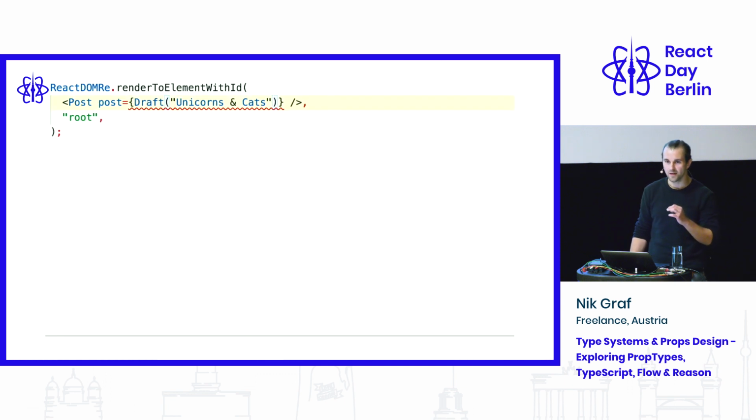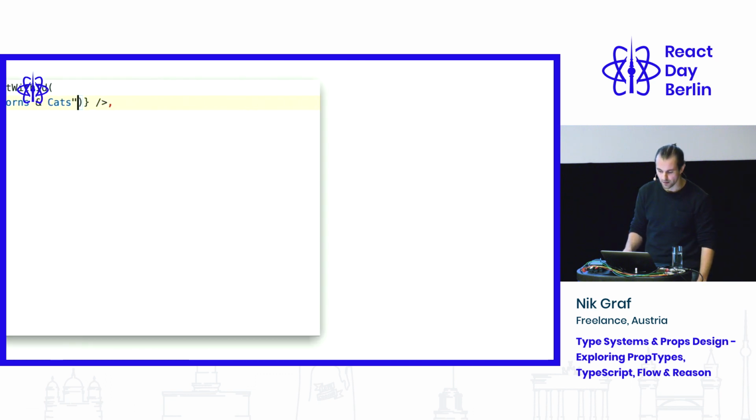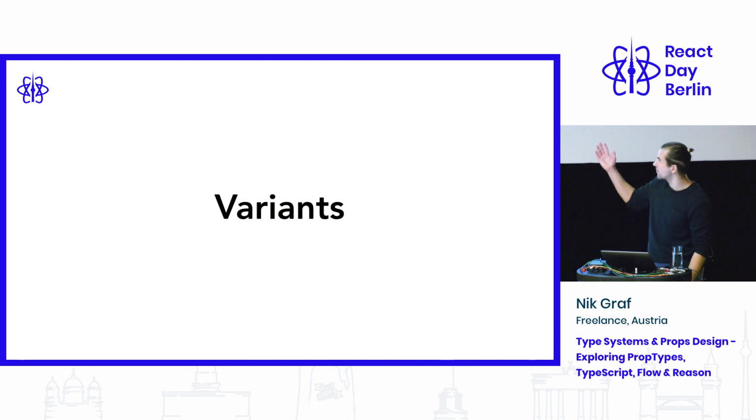So it's basically where Flow is going with this exact objects. Forgot the name again. It's built into Reason in the core right away, because they care about correctness. Cool. So they call them variants.